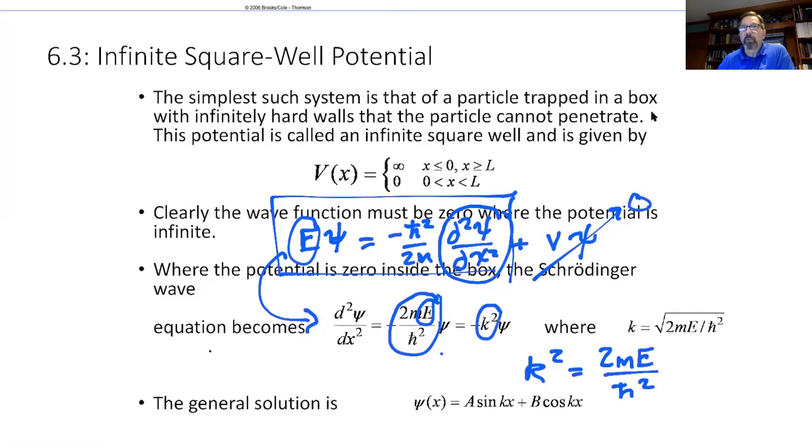Now, that may seem like an odd thing to do. Why not k to the first power? It turns out that in acoustics, a guy by the name of Helmholtz had solved this exact equation multiple times for things like standing waves on a string.